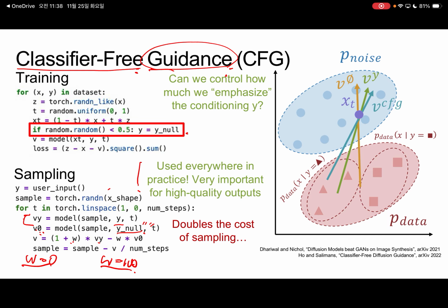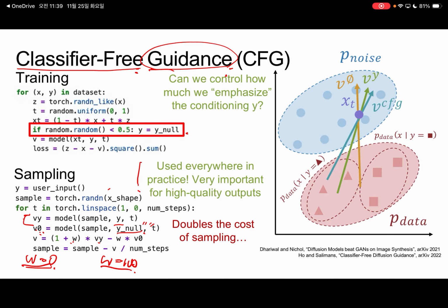It is included, but let's say we give text like give me images of red apple, but give me some images of orange color apple. Then without CFG, if W equals 0, maybe the generated image looks like just a red apple instead of an orange color apple.